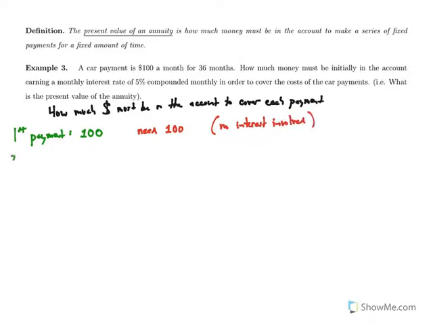What gets interesting is when we think about the second payment. It's also $100, but now we don't need $100 because we can accrue interest on some other money. We're going to let P, standing for present value of the annuity, be equal to how much money we need.